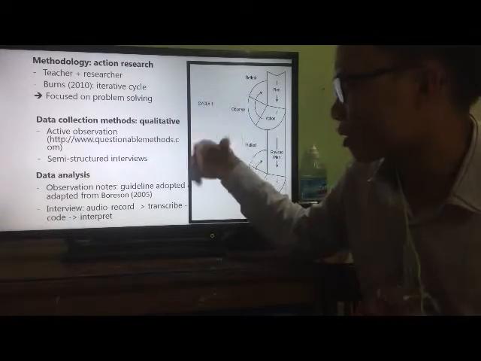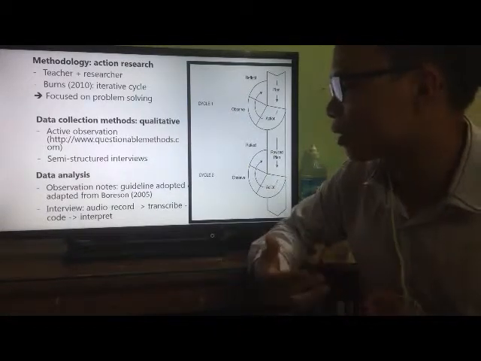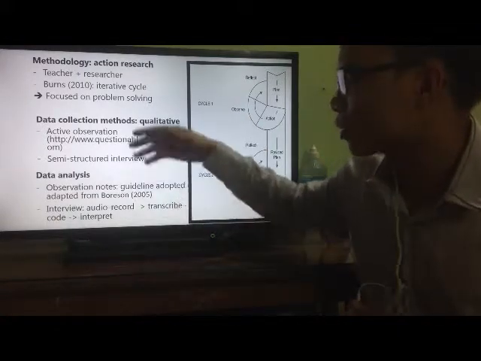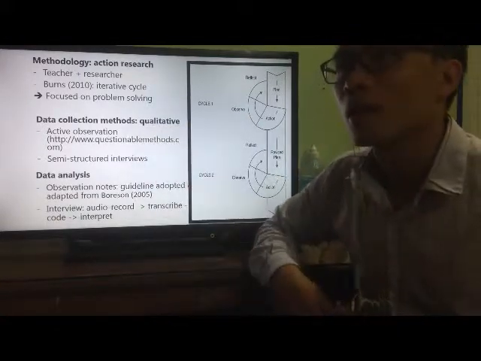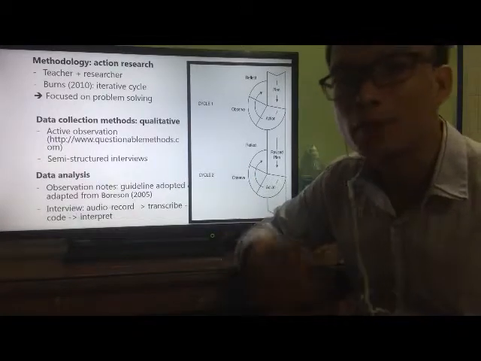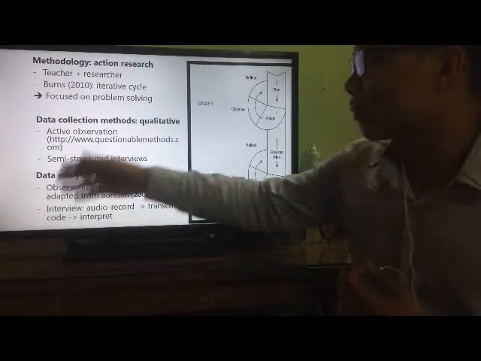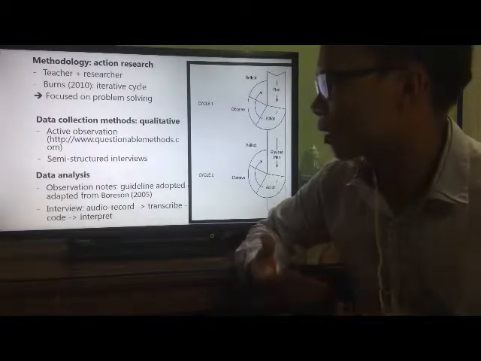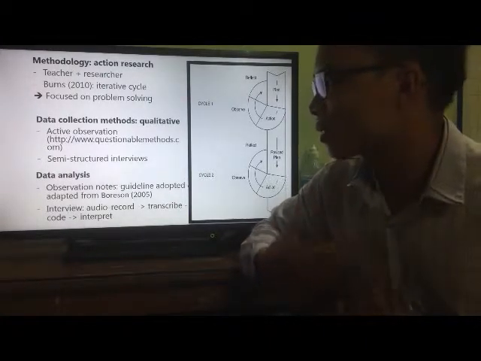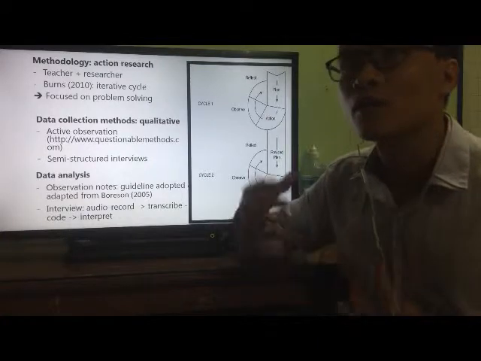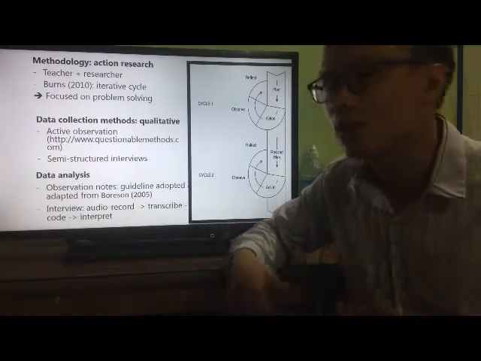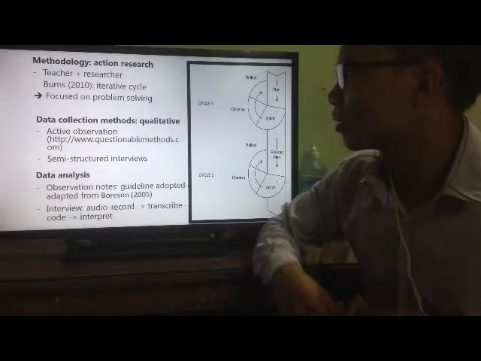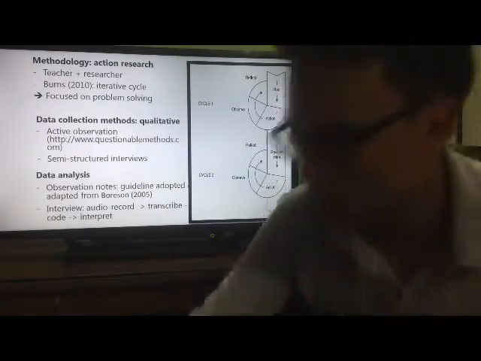Having transcribed the interview, I'm going to quote the information and the themes, and interpret the themes so that I can identify the patterns. And using the two data analysis methods like this, I think I am going to be able to triangulate the information and data collected from the two data collection methods.